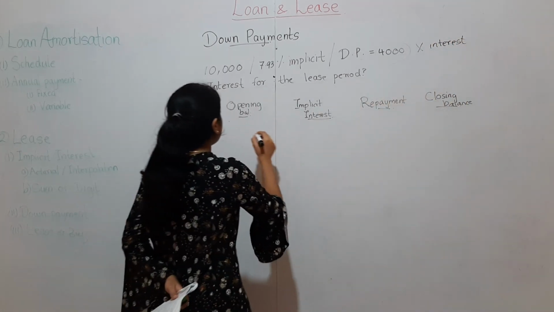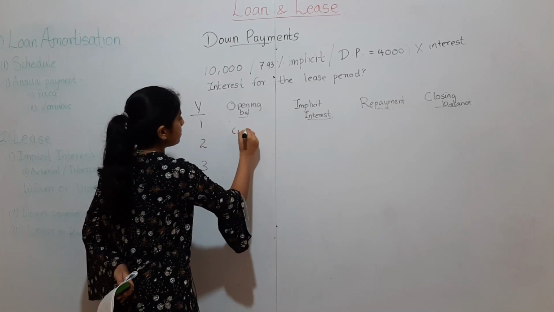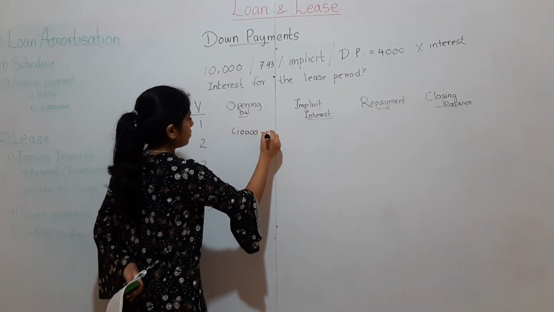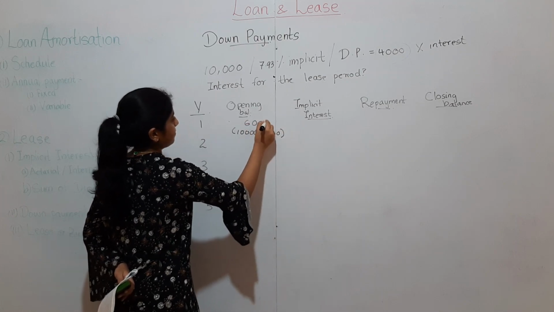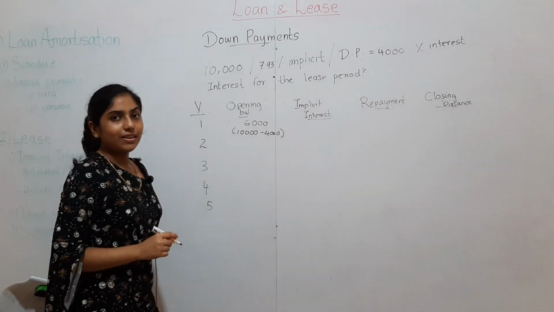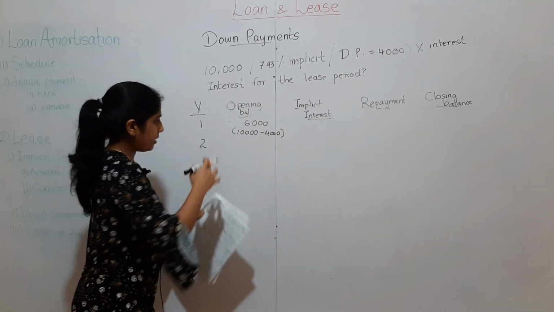Therefore, here the opening balance will be 10,000 minus 4,000, which is 6,000. That's the only change.